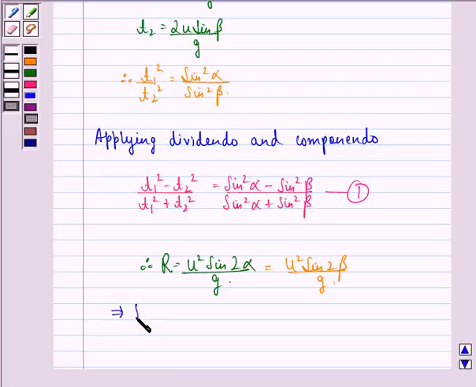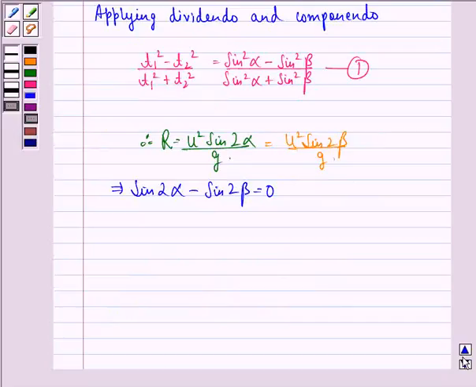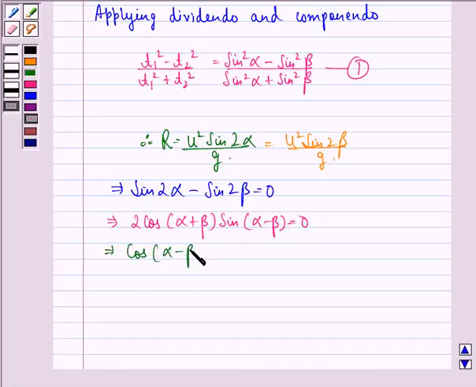This implies sine 2 alpha minus sine 2 beta is equal to 0. This implies 2 cos (alpha plus beta) sine (alpha minus beta) is equal to 0. This implies cos (alpha plus beta) is equal to 0, or sine (alpha minus beta) is equal to 0.